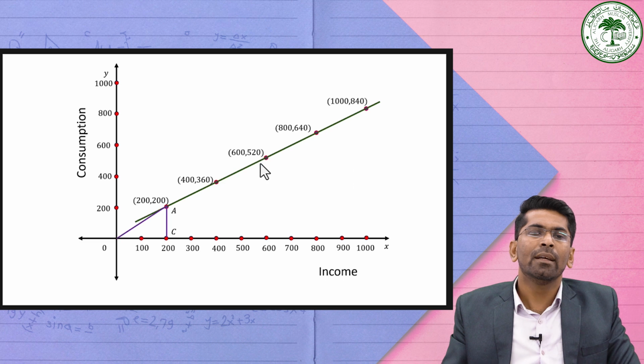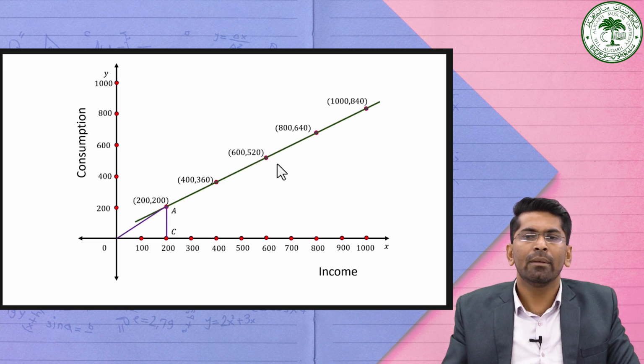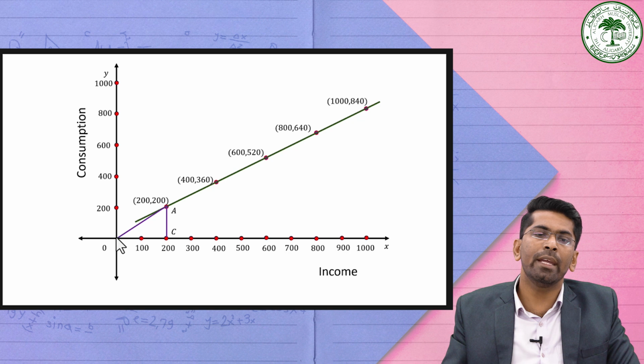Let us consider the point A. We sketched the data on the graph. We have a straight line. Since the average effect is practically calculated by drawing the ray from the origin, we are drawing a ray from the origin to the point A, the point at which we wish to find the average value.